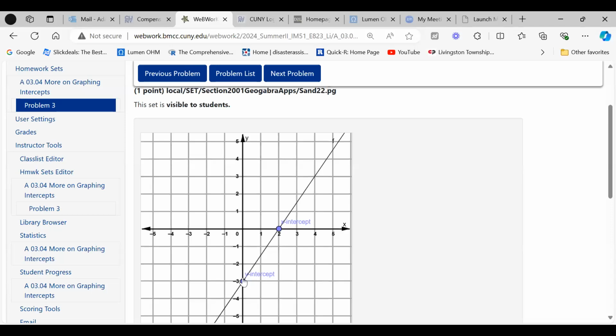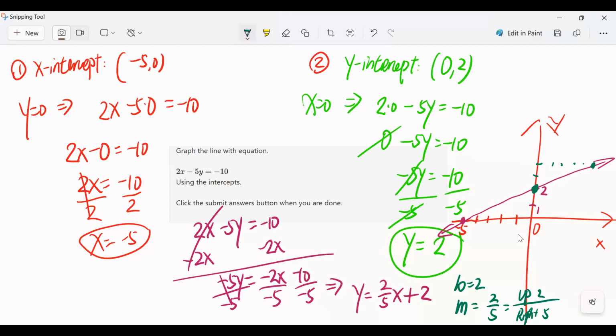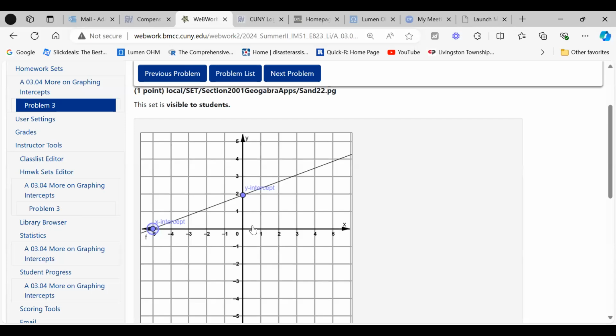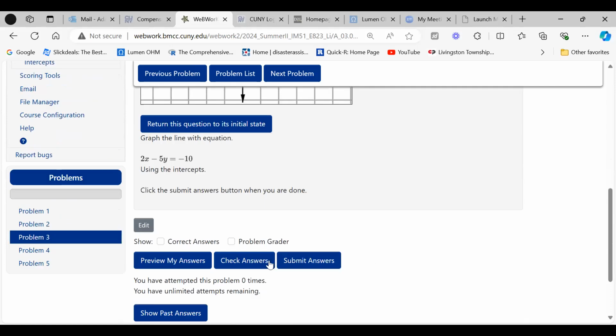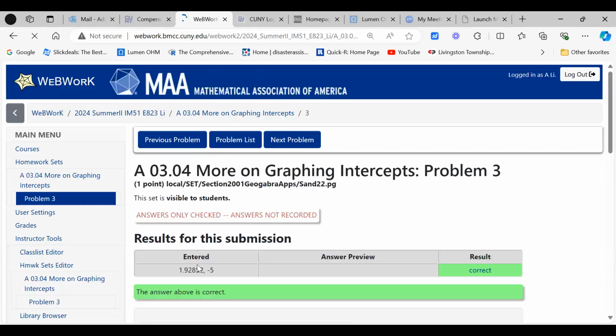And it's increasing because the slope is positive. The slope here is 2/5, positive, so from left to right, it's going upward. Okay, so that should do it. Let's submit it. Yeah, it's a good answer.